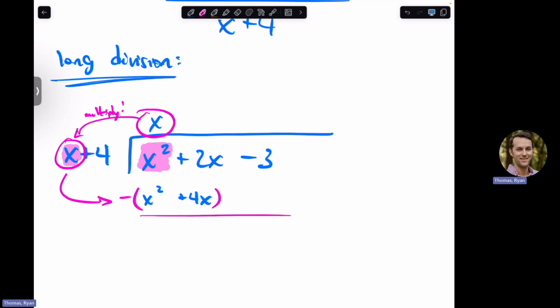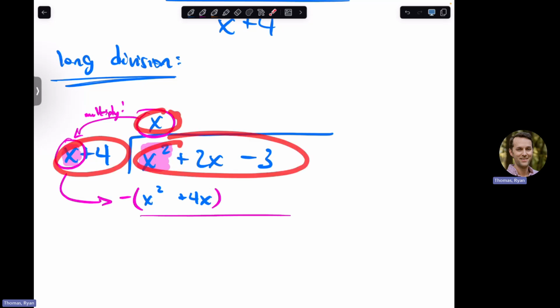Once. 1 times 3 is 3. So we subtract and see what's left that I still need to deal with, right? 3 is going to go into 40 at least 10 times. And then let's see what else we need to account for. X plus 4 is going to go into this at least x times. Now let's see what else is left over.